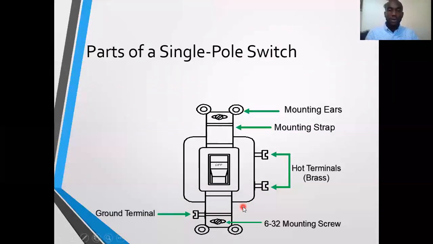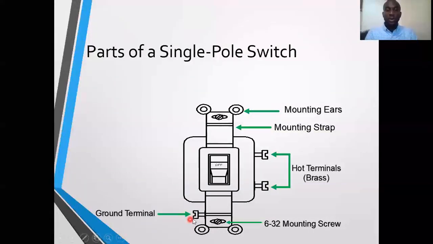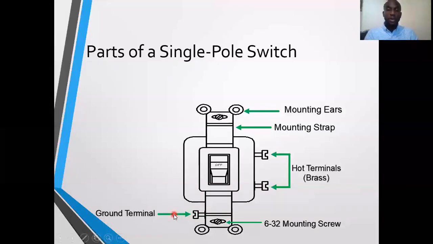We have the grounding terminal used to connect the grounding electrode or conductor to this device, and that is usually green or bare copper. The toggle. The toggle is used to engage the switch in an on or off position.